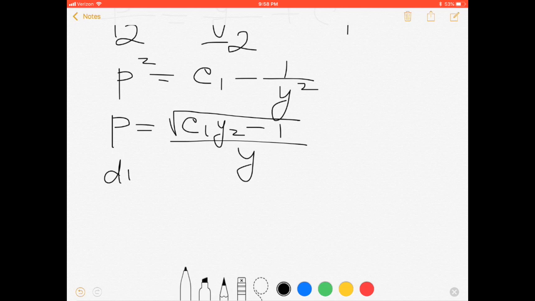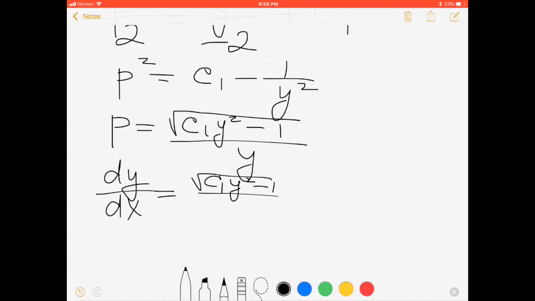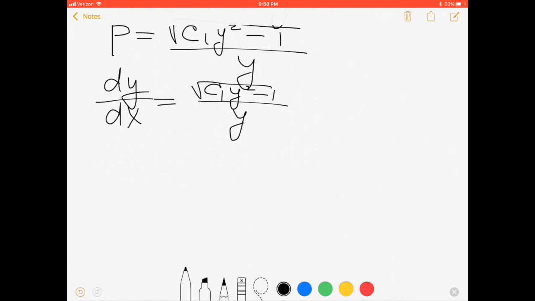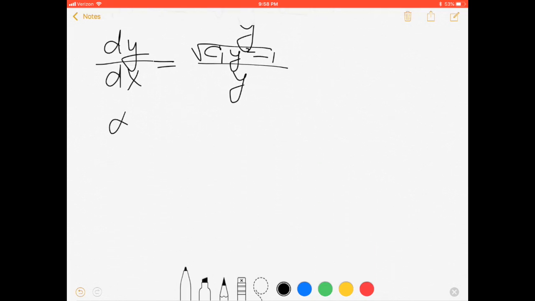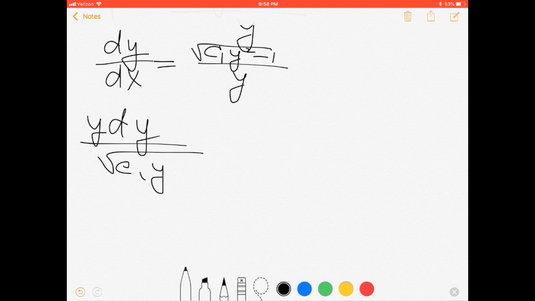Remember what p is: dy over dx. Oh, sorry, what is the index here? It's y squared. Okay, square root of c1 y squared minus 1 over y. This means here we have y dy divided by the square root of c1 y squared minus 1 equal dx.